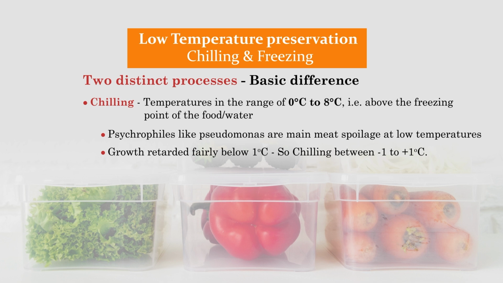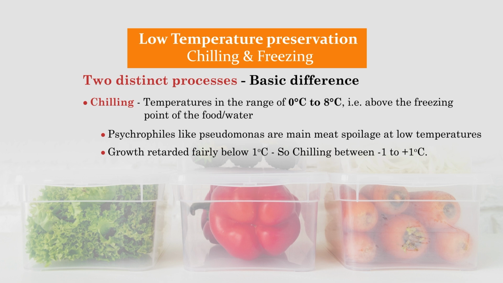Here it is important to see that we have seen that mesophiles stop around 7, but the challenge of psychrophiles is still there. And among the psychrotrophs, we have seen there were certain pathogens. If there is a product like a meat product, then the temperature required in chilling could be a little sub-zero.